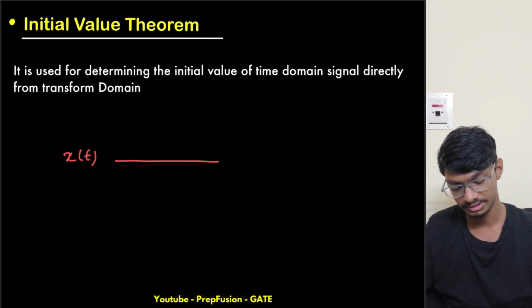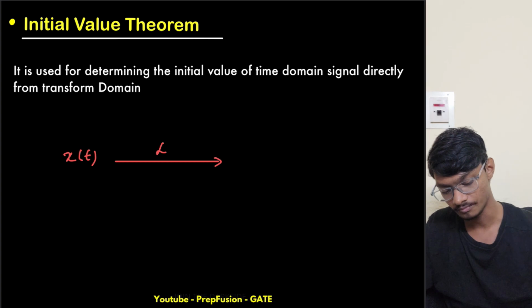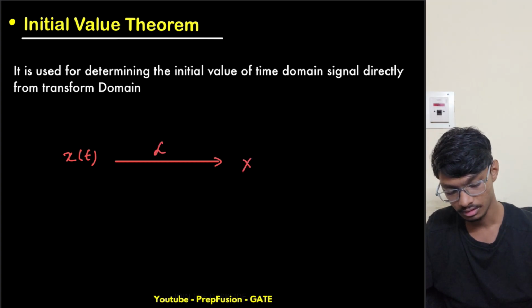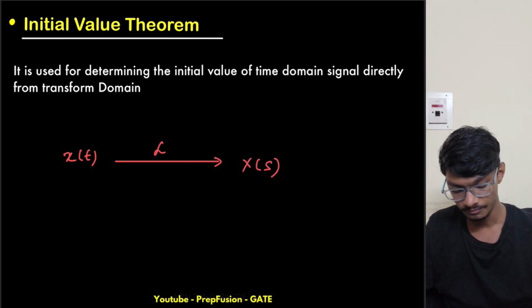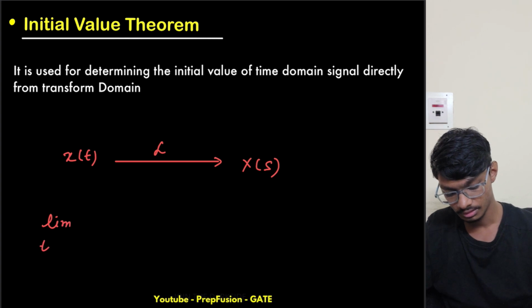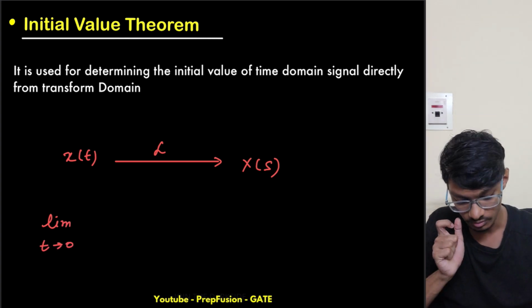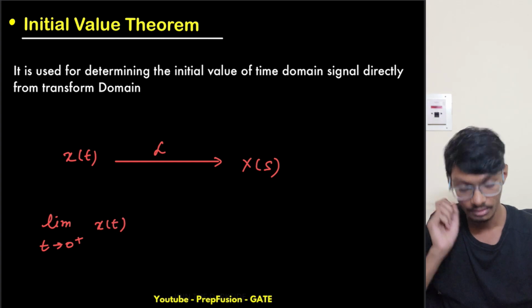So let's say we have one signal x of t which has a Laplace transform of x of s. Now the limit t tends to 0 plus of x of t, that is the initial value. What will the initial value be?